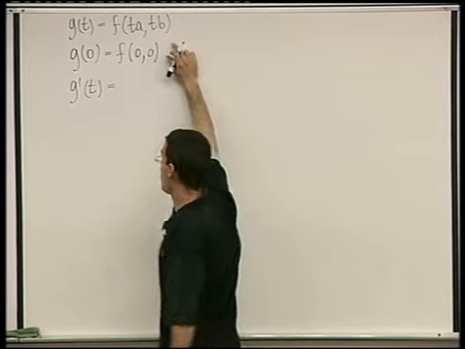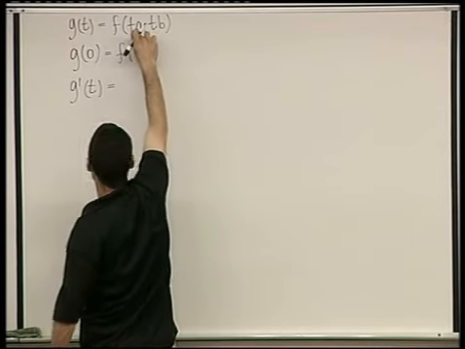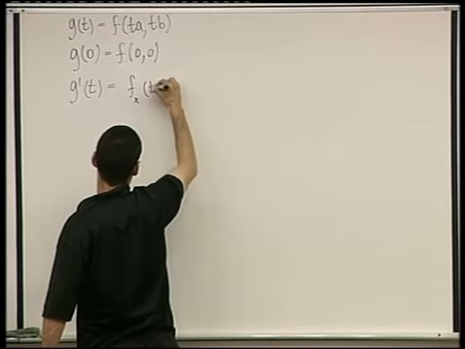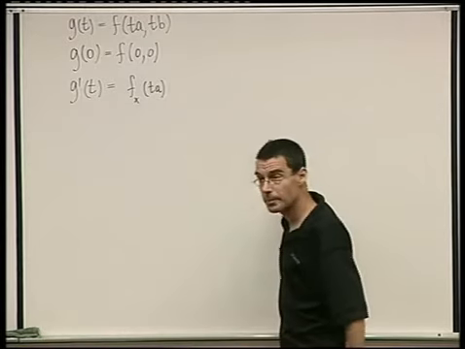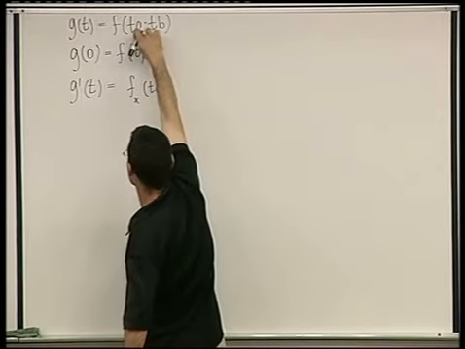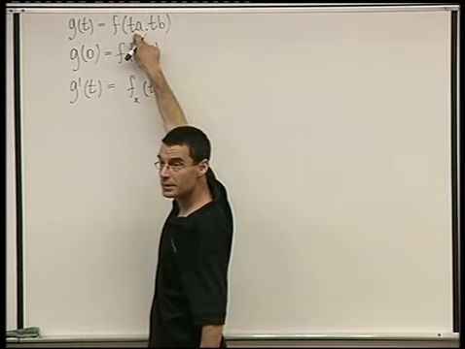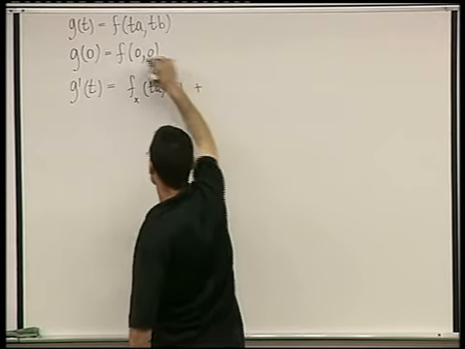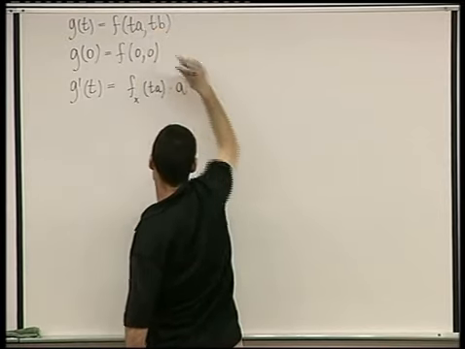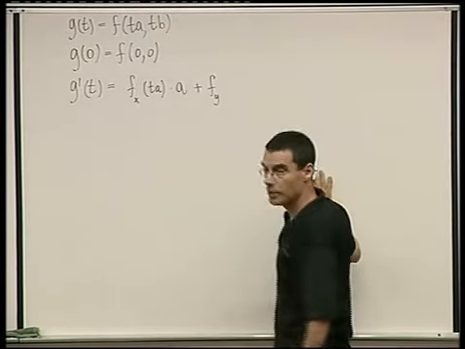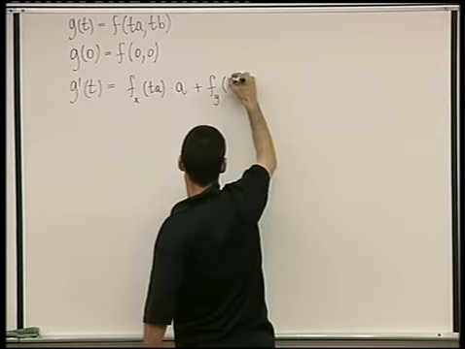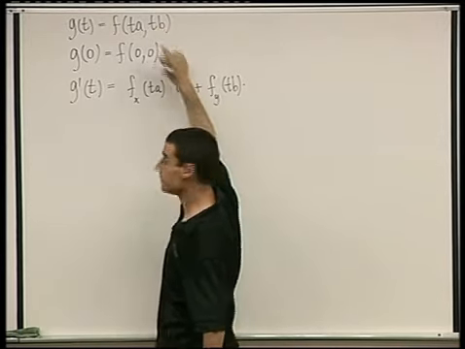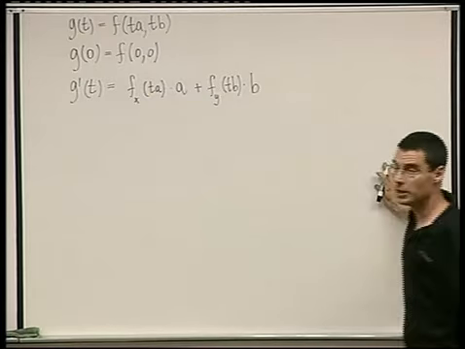Do you agree? So I have to take the derivative of f with respect to its first variable, f sub x, evaluate at the point ta, right? Times the inner derivative. What's the derivative of this thing with respect to t? a. Right? Plus the derivative of f with respect to its second variable, whatever that is, f sub y, evaluate at that point, times the derivative of this with respect to t, b. Does everybody agree?